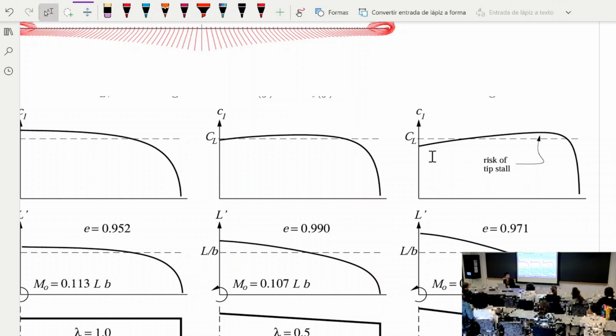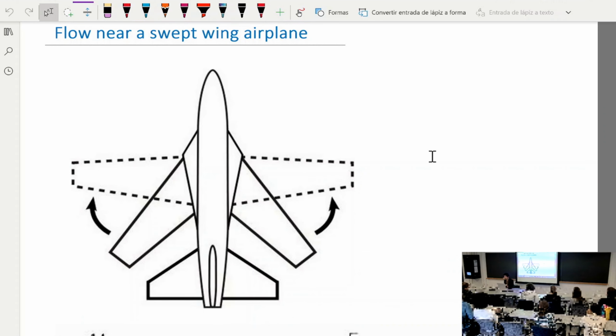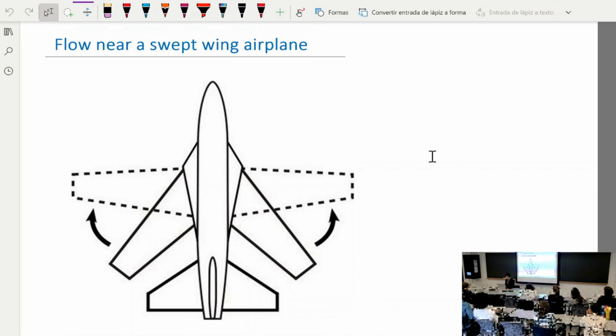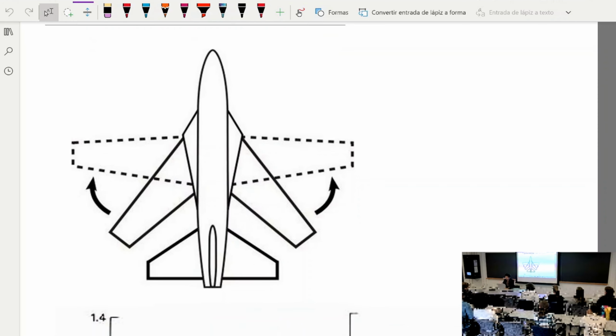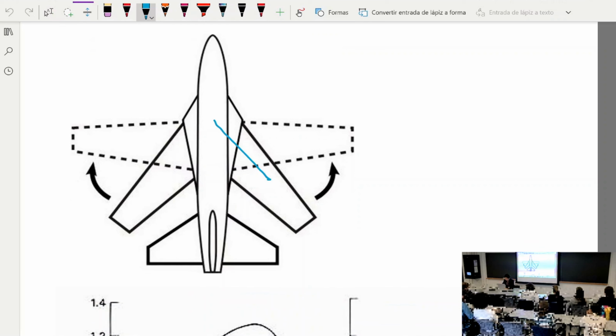We didn't do any numerical calculation, but in the homework you're going to see the effect of the taper is going to be even more dramatic if you add a sweep. And the reason is that for the swept wing, the inboard vortices going that way are going to have an even more dramatic effect outside, right?